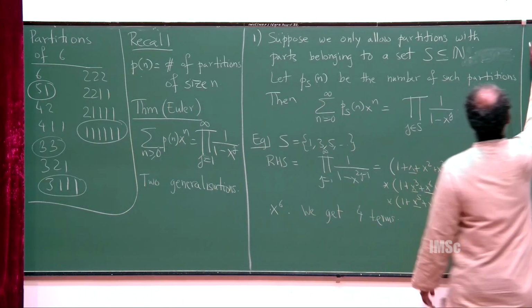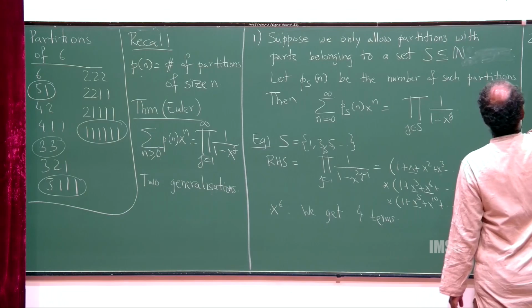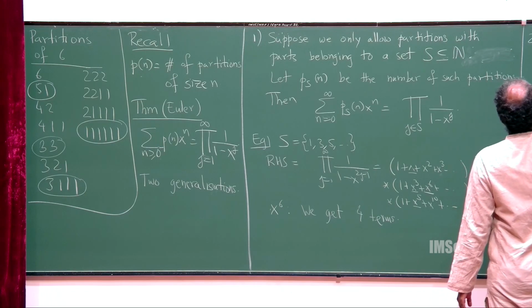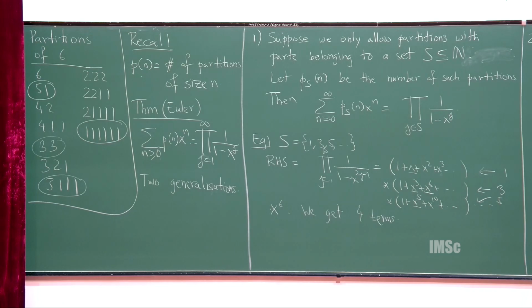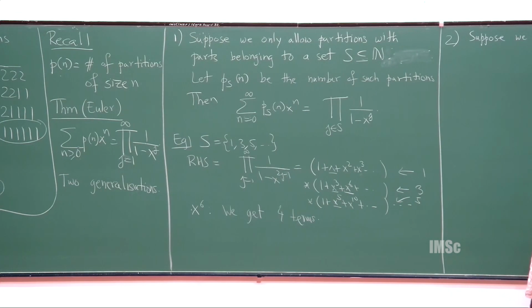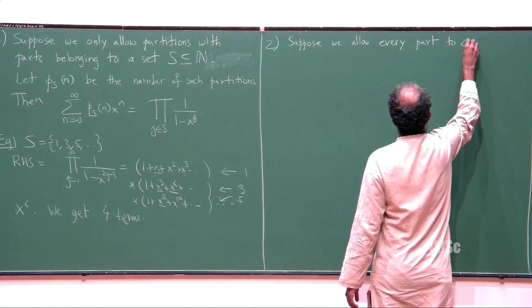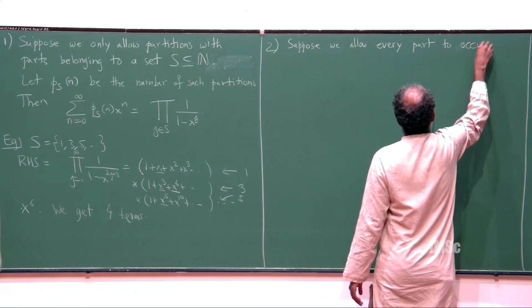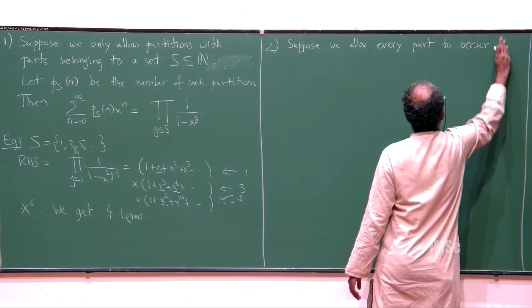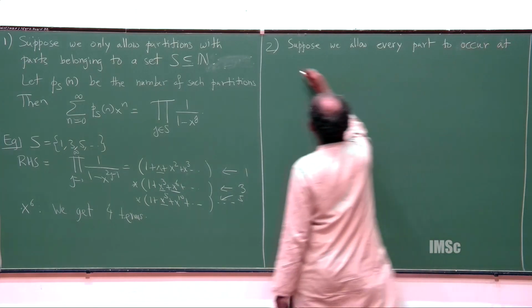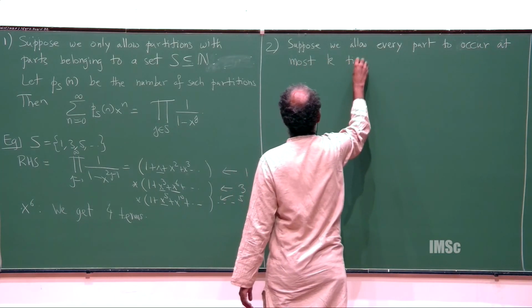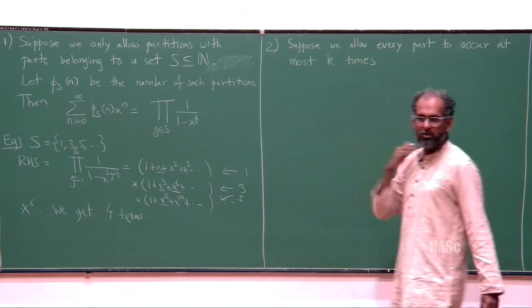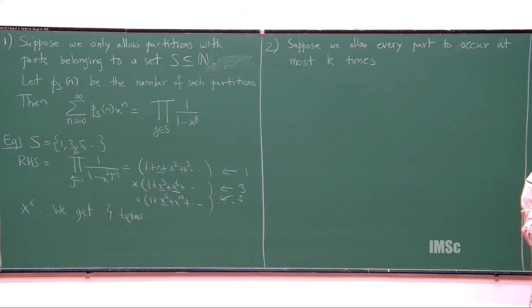So the second generalization is, suppose we allow every part to occur at most k times, for some fixed k.